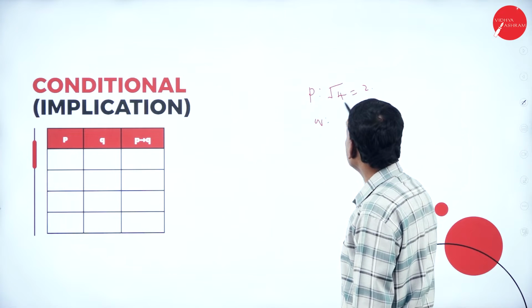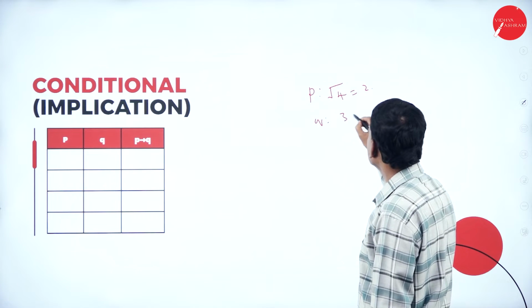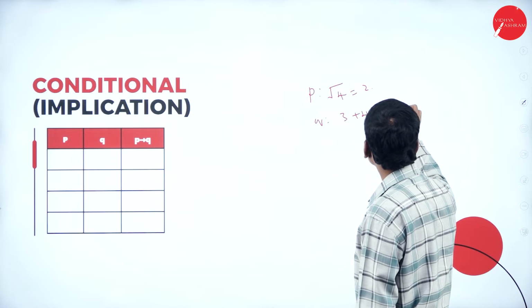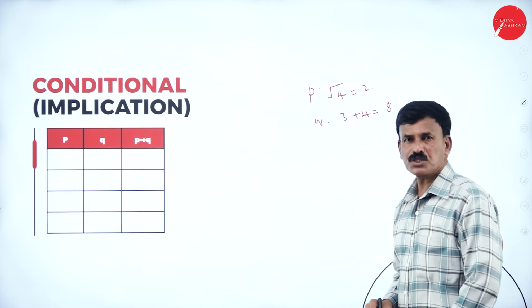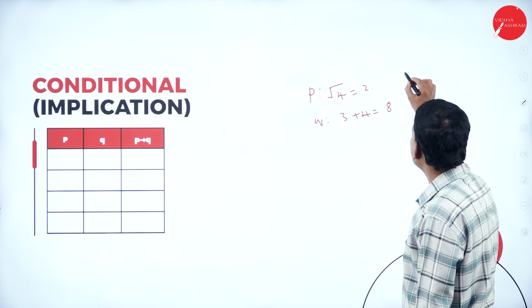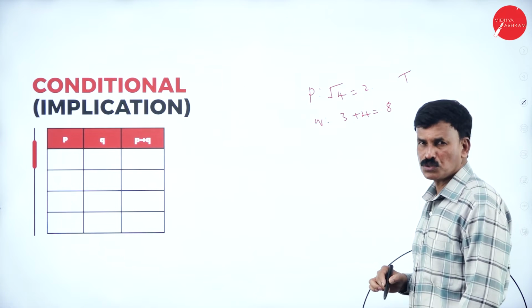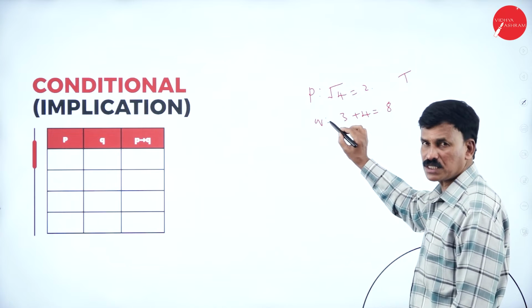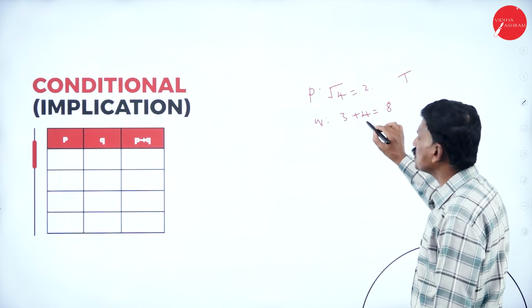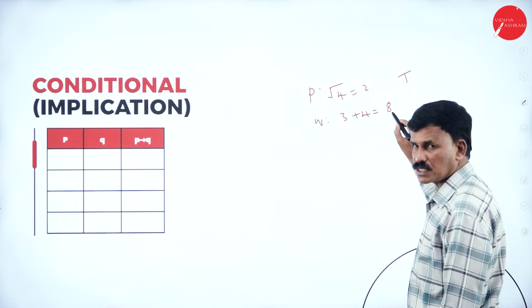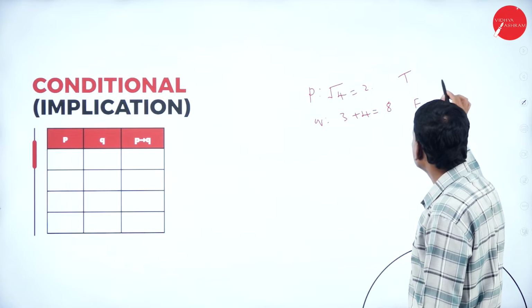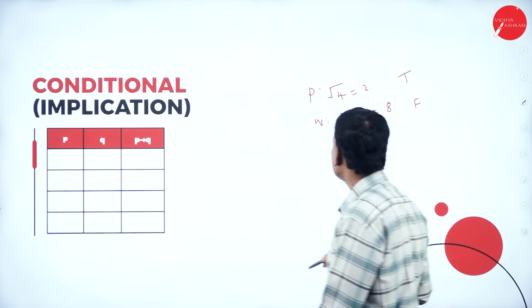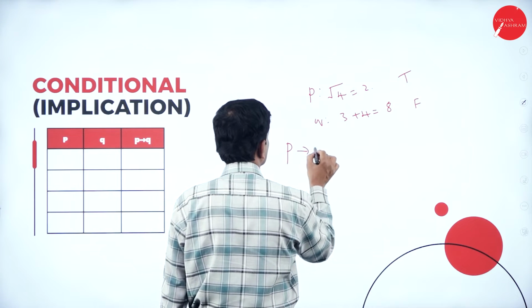Q: 3 plus 4 is equal to 8. So, these are the two statements. Root 4 is 2, P is true, whereas the simple proposition Q, 3 plus 4 is 7, not 8, is false. Now, if I write the statement, P conditional to Q.